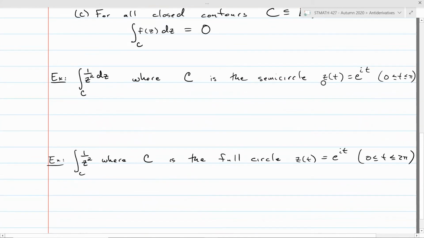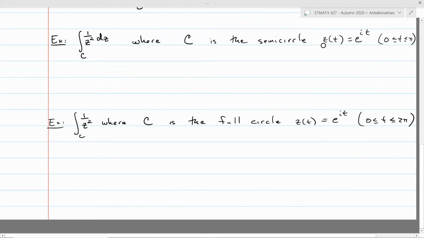So in the first example here, we want to integrate 1 over z squared, where C is the top half of the unit circle. Let's observe that big F of z equals negative 1 over z is an antiderivative of little f equals 1 over z squared on the domain C minus the origin.